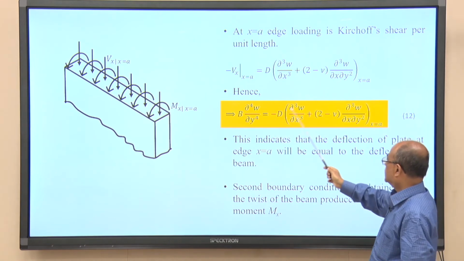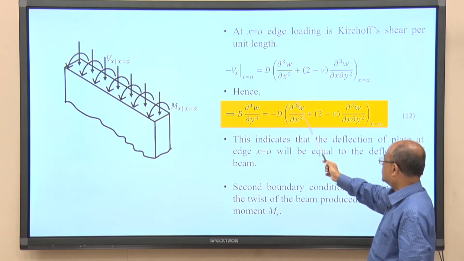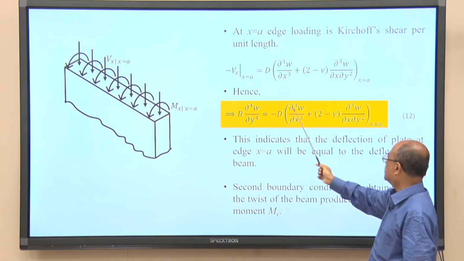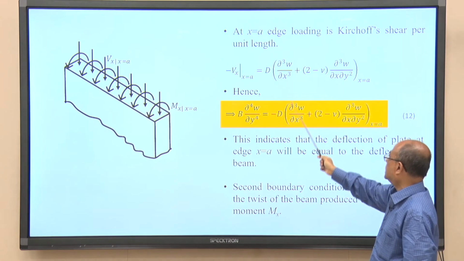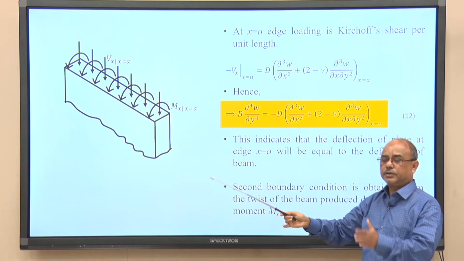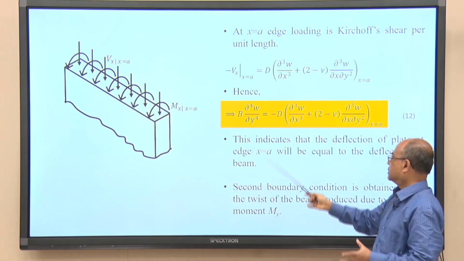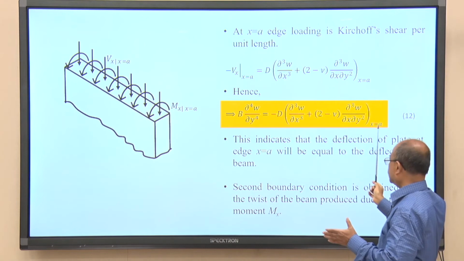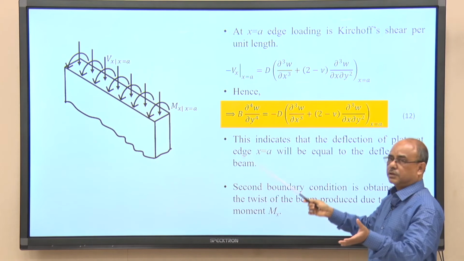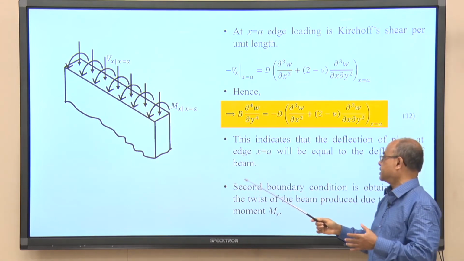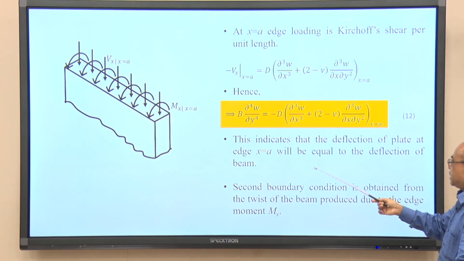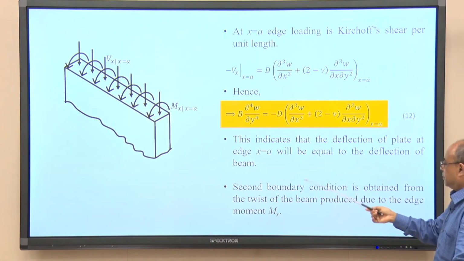The right hand side is nothing but the load transmitted on the beam, which is the shear S. The shear per unit length will be the distributed load on the beam. So, knowing this quantity at x equal to a, we can impose the boundary condition to evaluate the unknown constants of integration. This indicates that the deflection of the plate at edge x equal to a will be equal to the deflection of the beam.